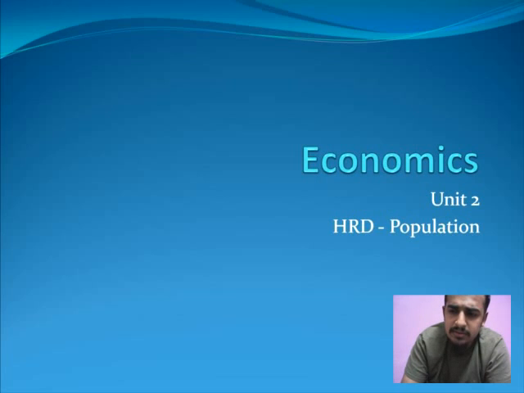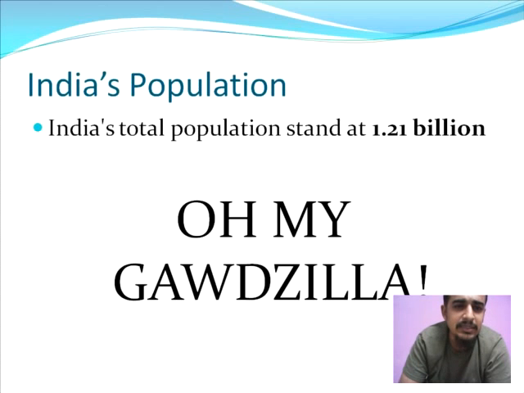Okay, India's population is 1.21 billion, and that's my expression when you hear a number like 1.21 billion. It's not often that you see a number as big as that. Being Indians, I'm sure you would have noticed already how crowded our cities are. 1.21 billion is an extremely large number.